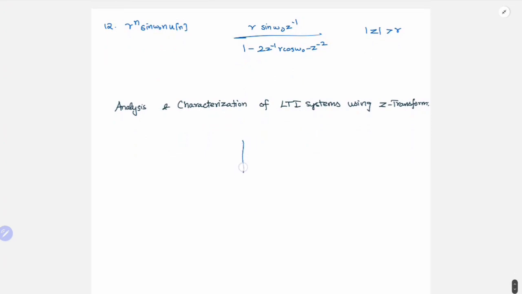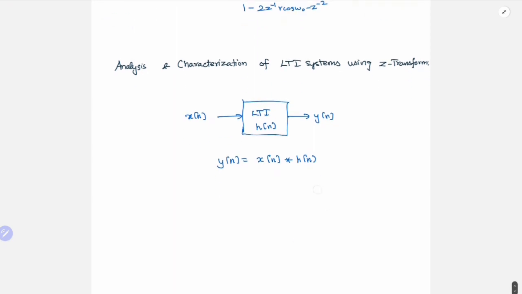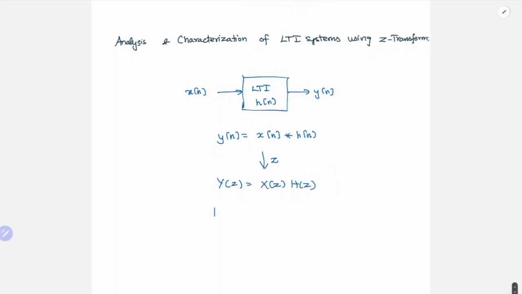So if you have an LTI system with input x of n and output y of n and impulse response h of n, you know y of n is equal to x of n convolved with h of n. And in the Z transform domain, you know convolution becomes multiplication. So we'll have X of z into H of z. And H of z is referred to as the system transfer function, or generally just the transfer function.